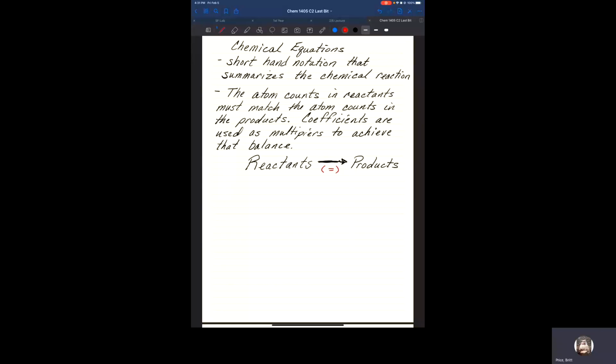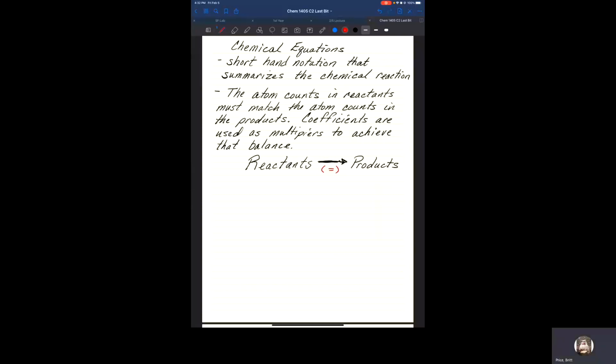So that's where we're talking about coming up with that atom count. I'm going to show you first an unbalanced equation, and then we're going to do a balanced equation.